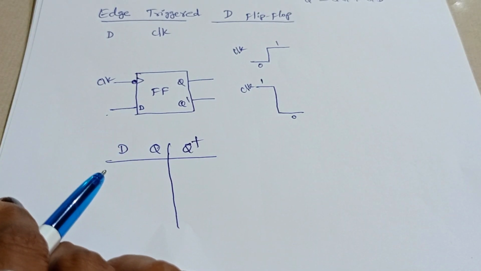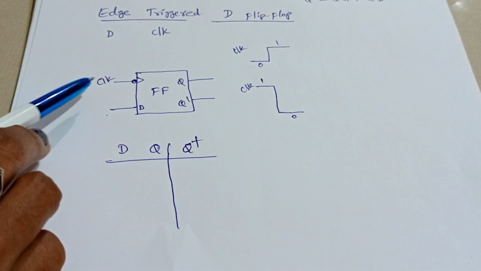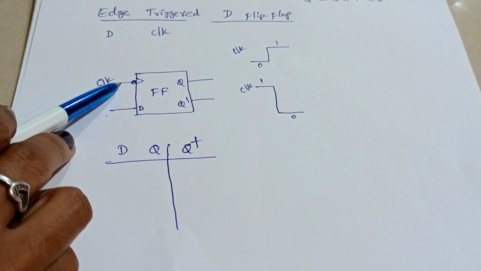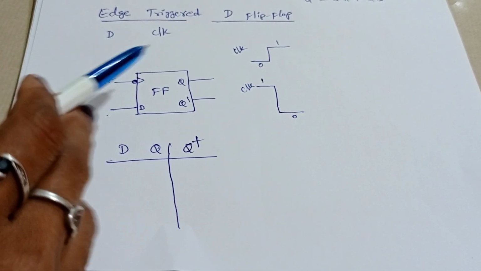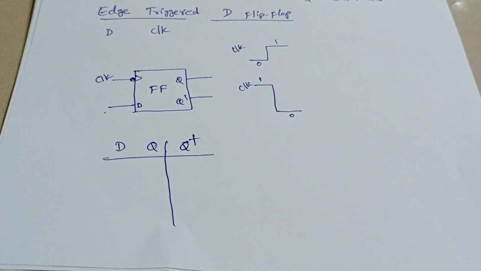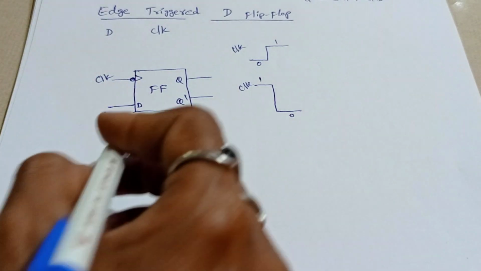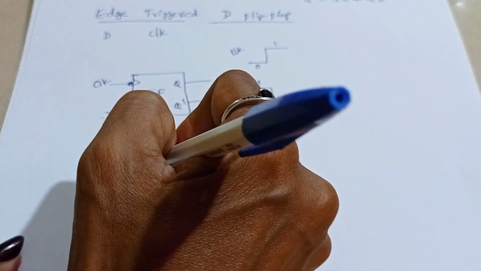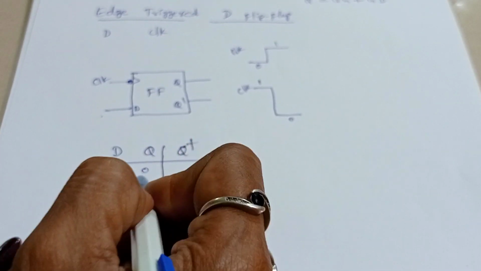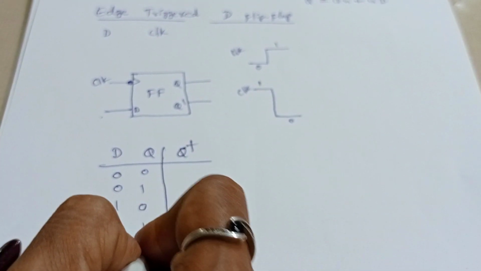This is active edge. That means either it is a negative edge trigger or maybe, without the bubble, a positive edge trigger. The combinational values are 0, 0, 0, 1, 1, 0, 1, 1.